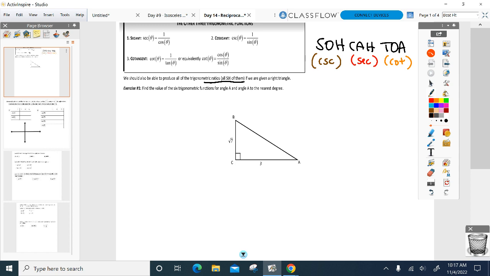Any problem with my right triangle before I start? I don't know all 3 sides. Can you find the third side? How? Pythag. Let's go.